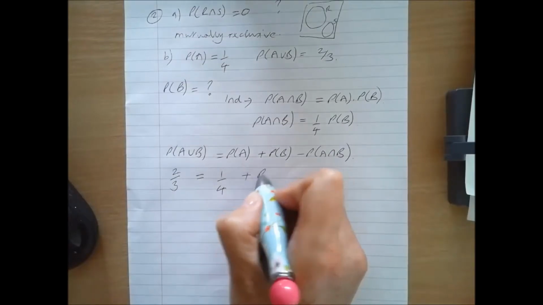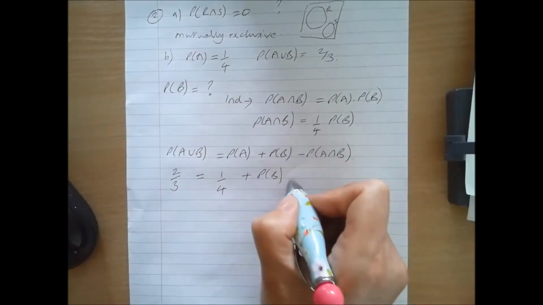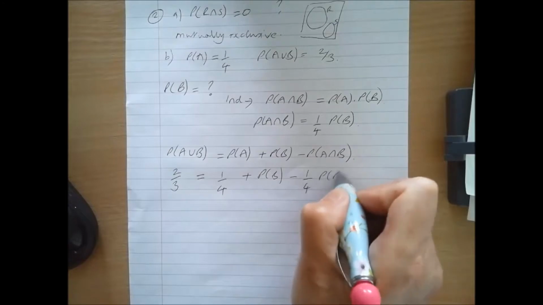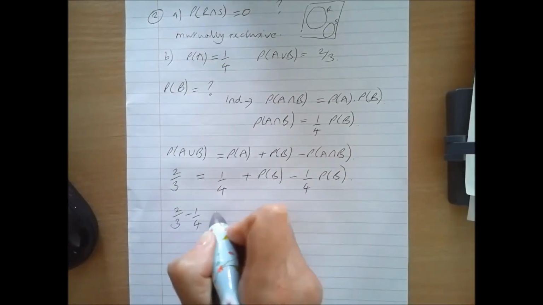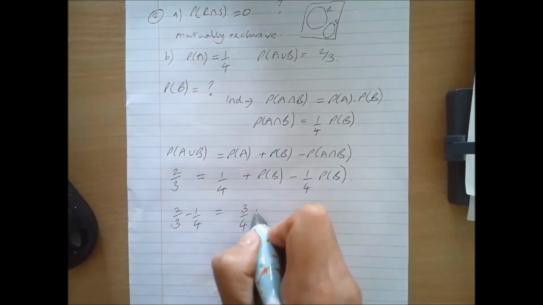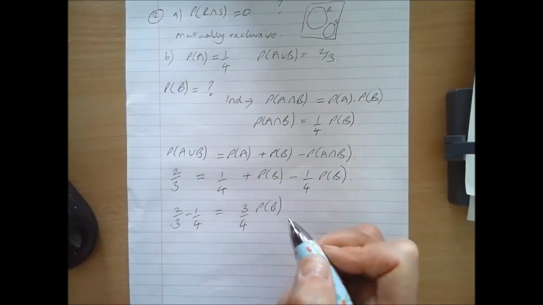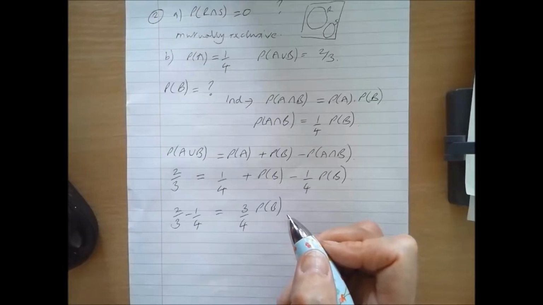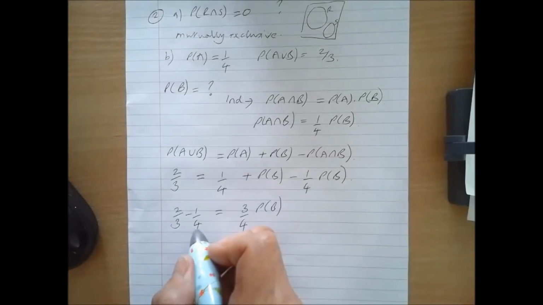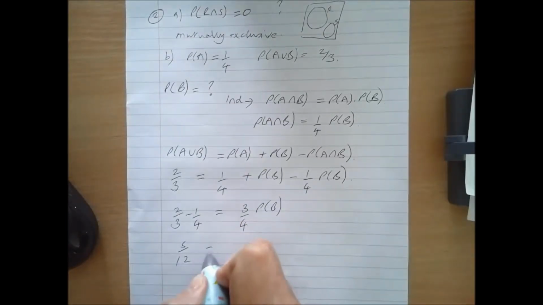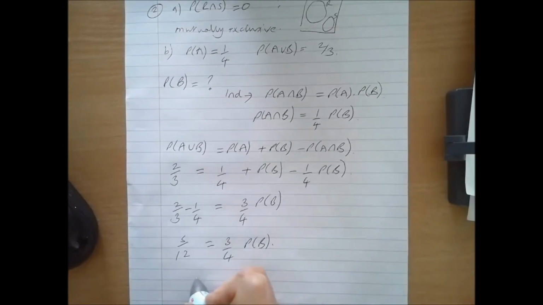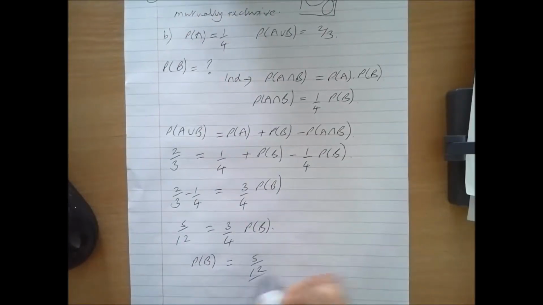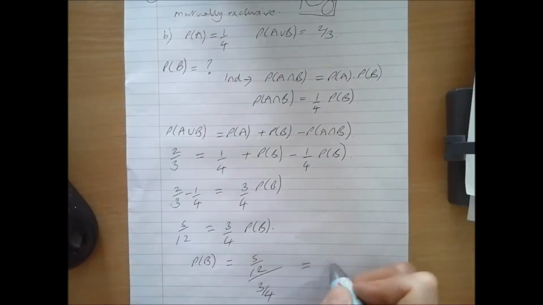Don't know B, but I do know the intersection is a quarter times probability B. So I'm now going to rearrange. 2/3 take away a quarter is equal to 5/12. This is 3/4 the probability of B. In other words, probability of B equals 5/12 divided by 3/4, which is 5/9.